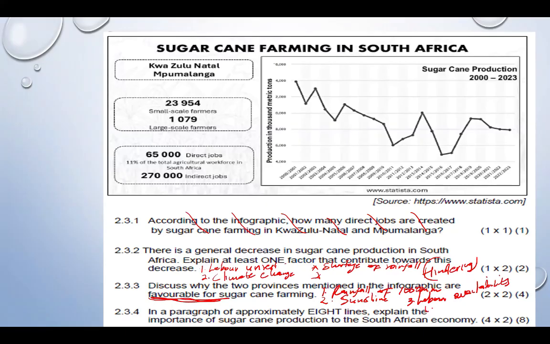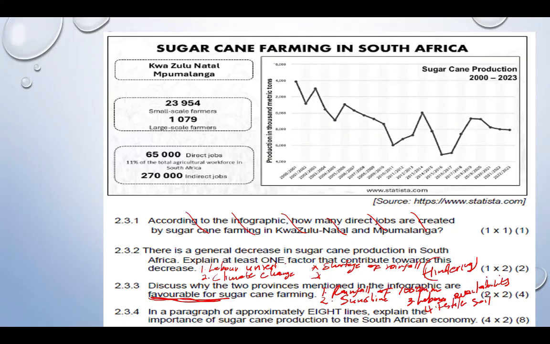Another factor that is very important for sugarcane farming, we said rainfall, we said sunshine, is availability of water. And then it requires fertile soil. Sugarcane is a perennial crop, which means it grows throughout the year.